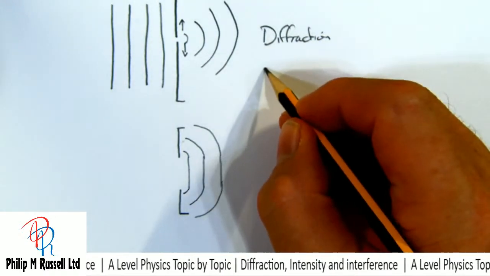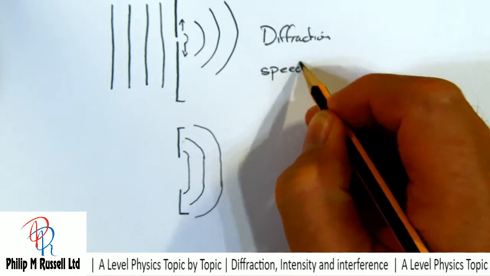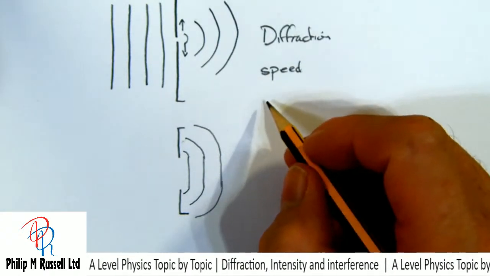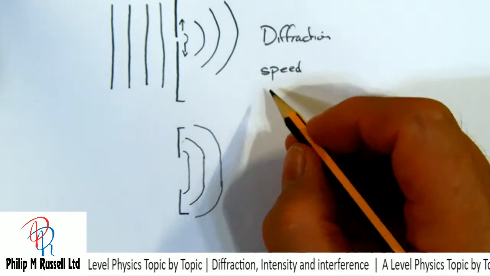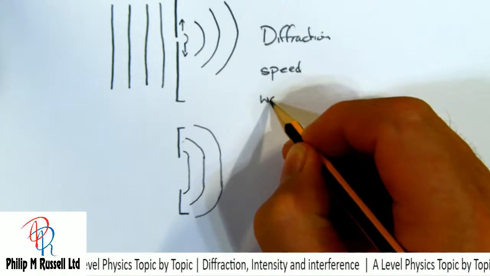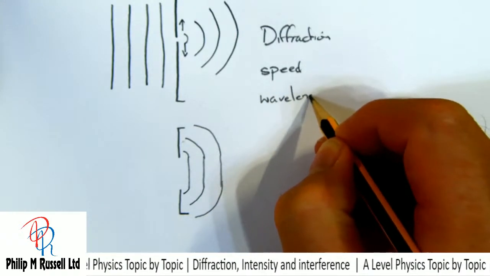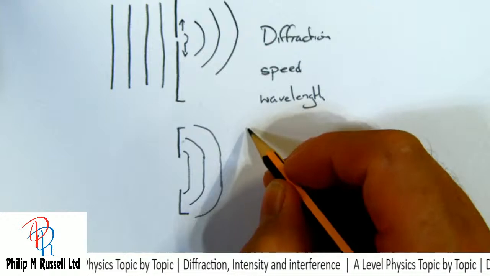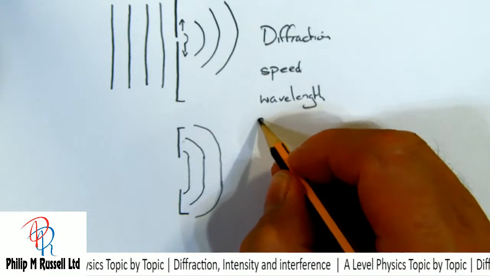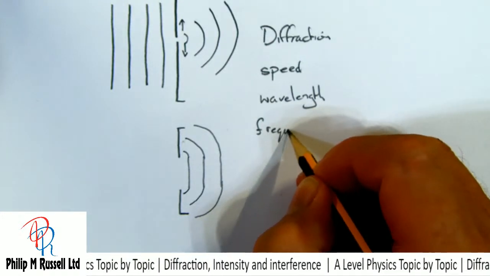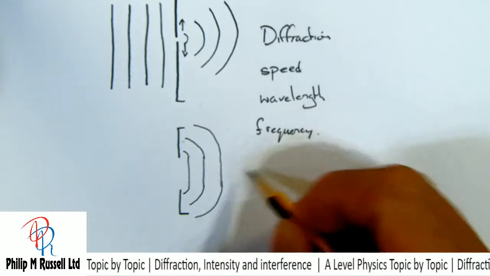Well, the speed is constant. We can see that the wavelength is constant. We can see the frequency is constant.